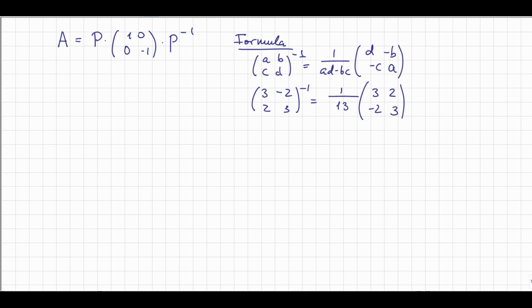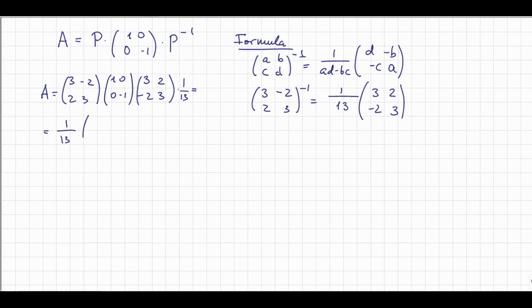We can substitute this and calculate A equal to 3 minus 2, 2, 3 times the diagonal matrix times the inverse 3, 2, minus 2, 3, and of course 1/13.